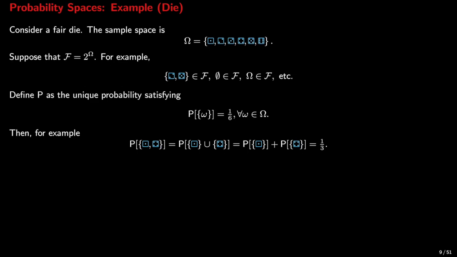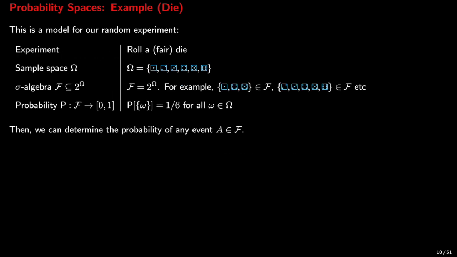We can break down the set {1, 4} into two sets. We can write that this is the union of the set that contains 1 and the set that contains 4. And since the probability of the union is the sum of probabilities if the events are disjoint, so there is no common element inside the first and the second set, then the sum of probabilities is 1/6 plus 1/6, which is 1/3.